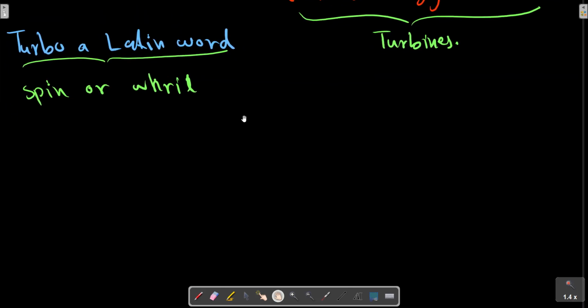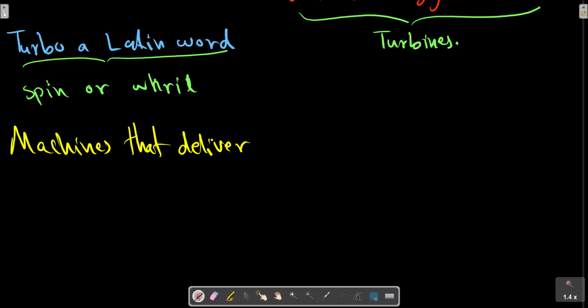As said before also, machines that deliver liquids are simply called pumps.